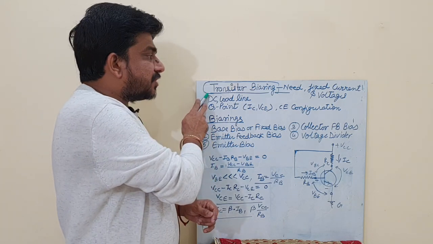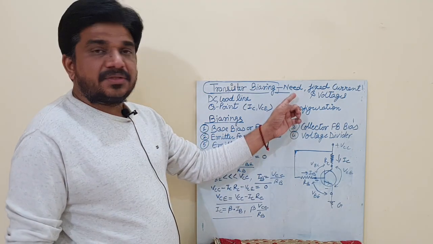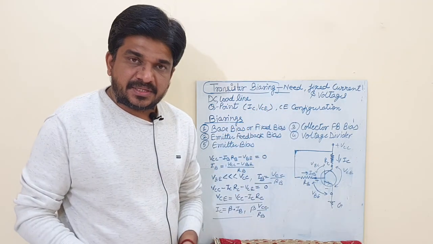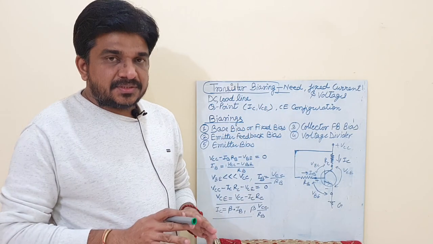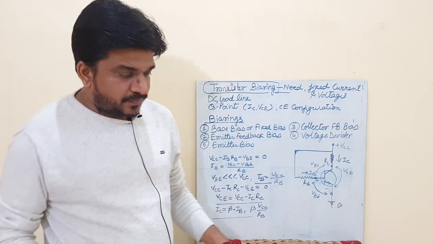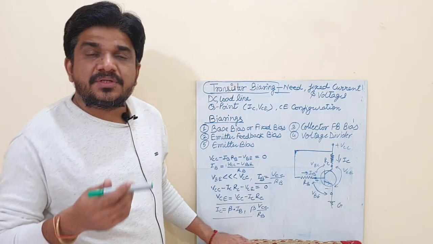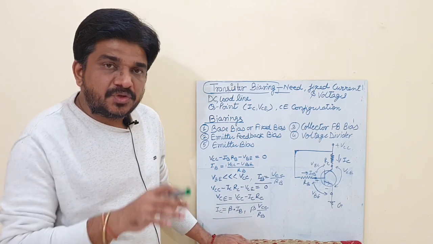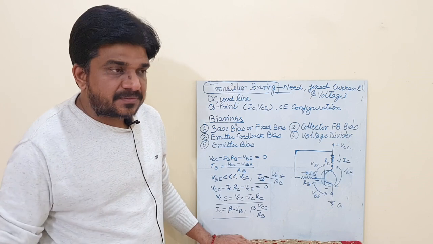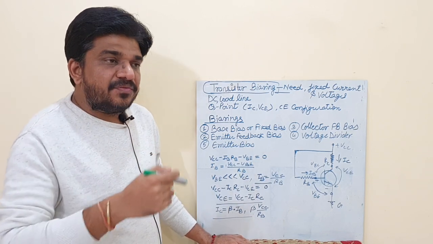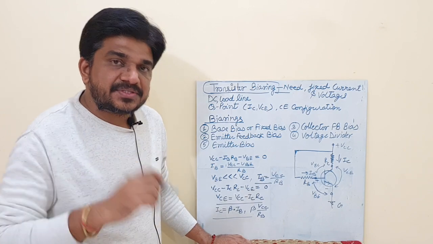When I am saying transistor biasing, the first question that should arise in our mind is, what is the need of transistor biasing? All the transistors are made for a fixed current and voltage range. Means when we talk about a transistor operation, it is made for a certain range of currents and voltages, and for that range of current and voltage ratings we study the characteristics.